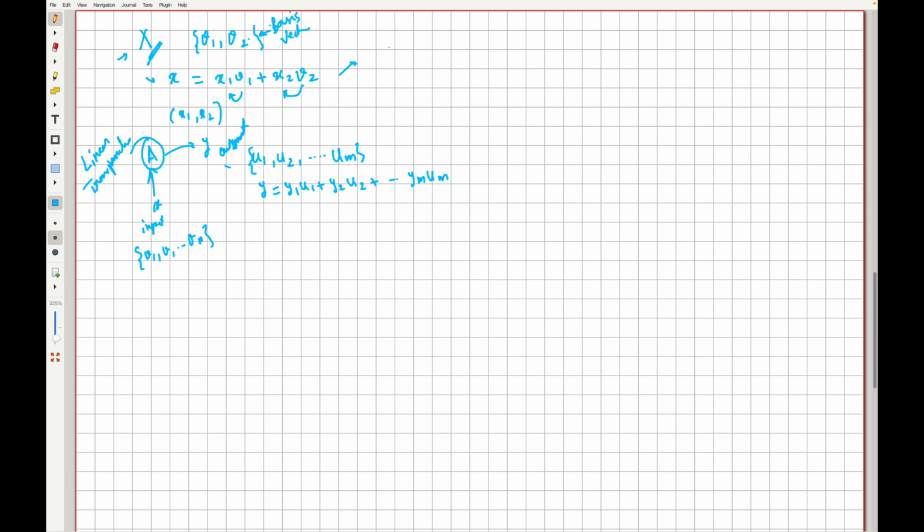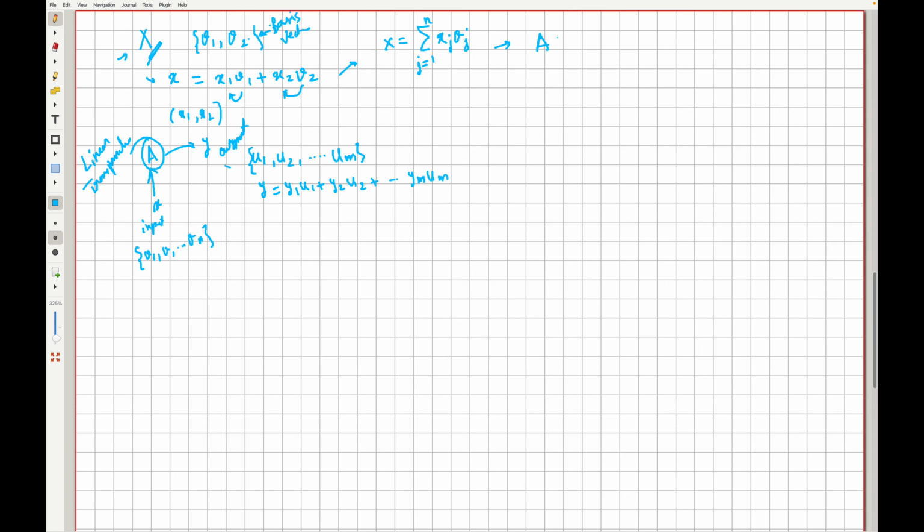For x we can say that x is equal to the summation of j is equal to 1 to n, xj vj. That's for x, and we can apply the transformation A to x.